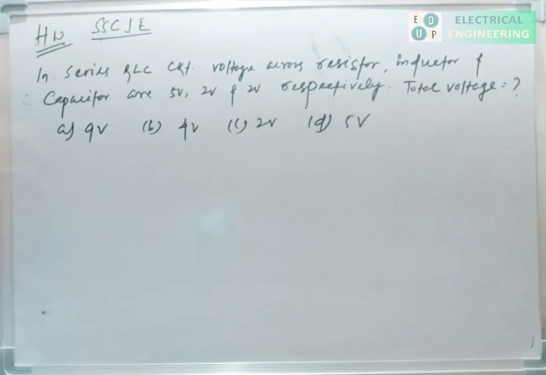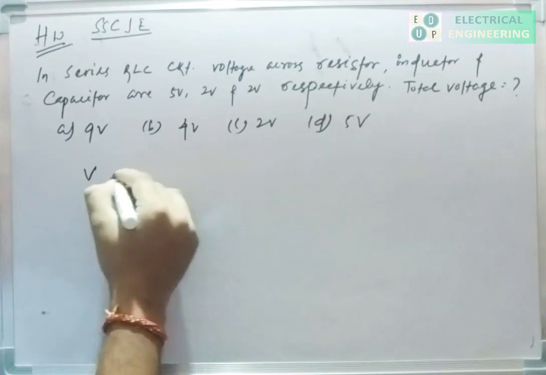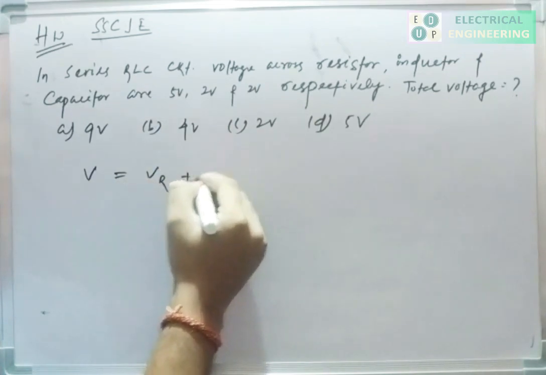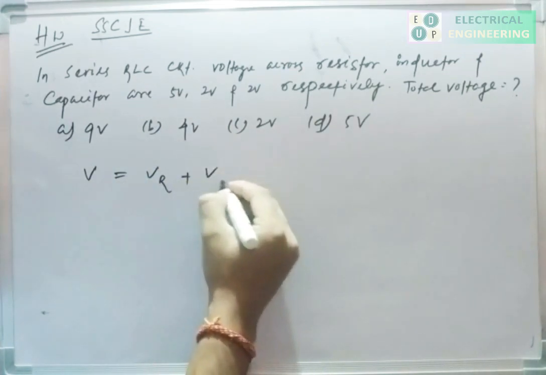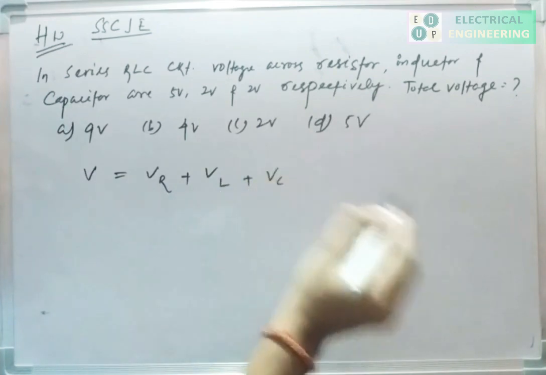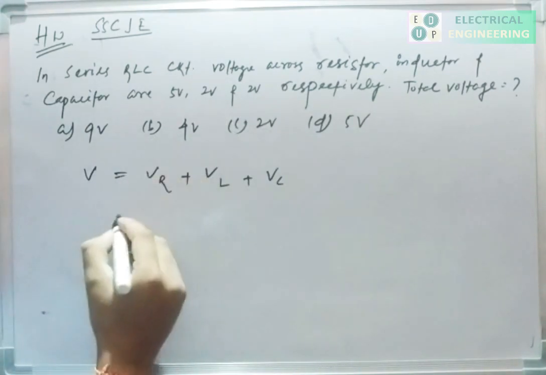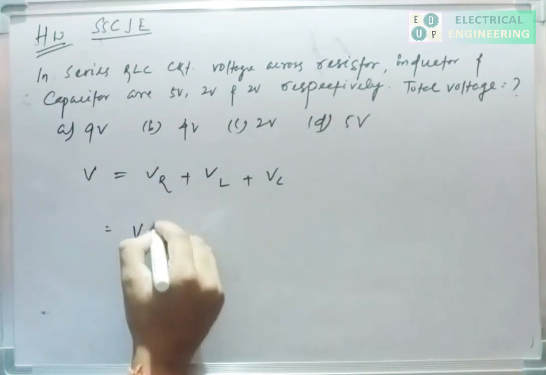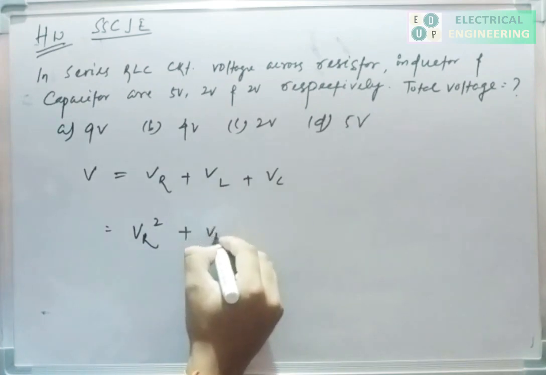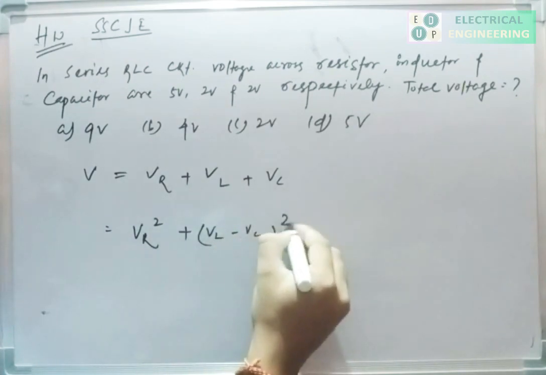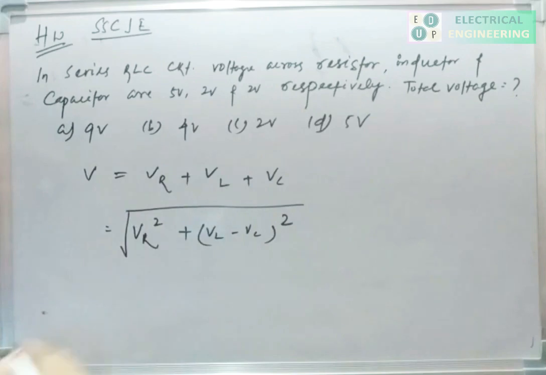Okay, it's a very simple question. So total voltage we can find by doing the sum. But we can't add it algebraically. We have to add it vectorially. So how can you do that? We can do square root of VR square plus VL minus VC whole square.